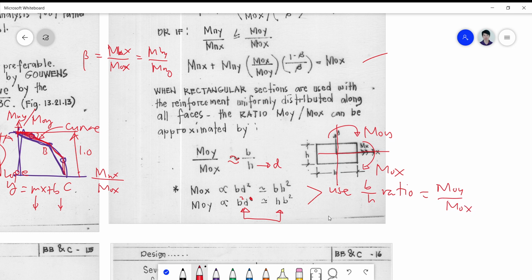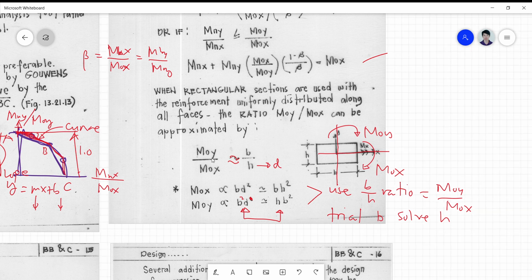Then you can make use of a trial value for your B and solve for H. Okay? So, isa na lang yung unknown mo, no? Hindi na dalawa. So, you are reducing your assumption into a more realistic assumption on the basis of what MOY and MOX gives you.